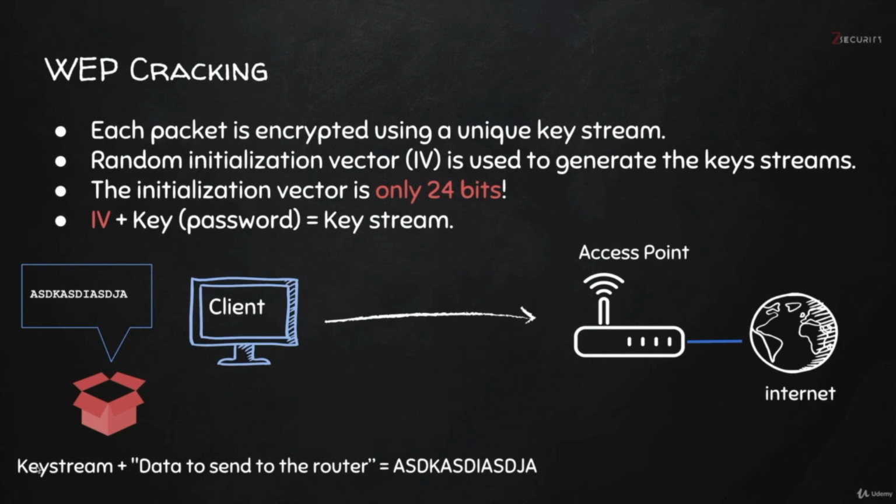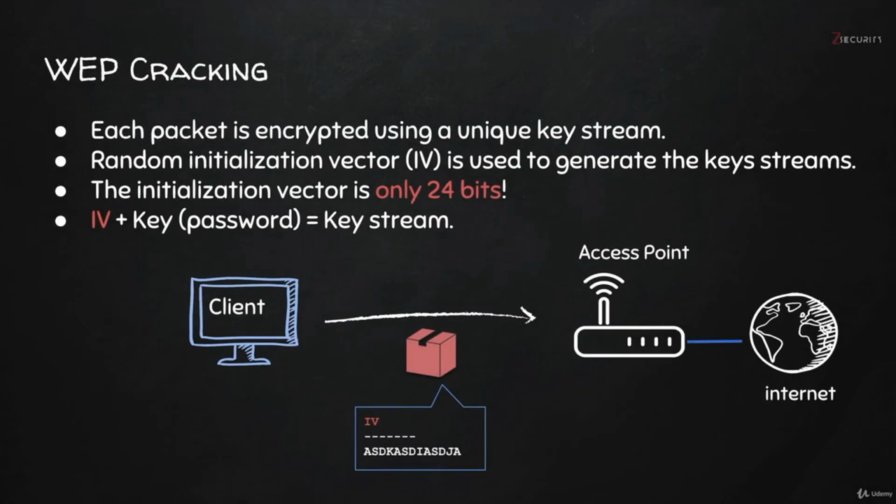So basically, the key stream plus the data that we need to encrypt gives us the gibberish, and then the gibberish is sent into the air. But before sending this into the air, WEP will also append the initialization vector. This is the 24-bit random number that I said it creates in order to make sure that each packet has a unique key.